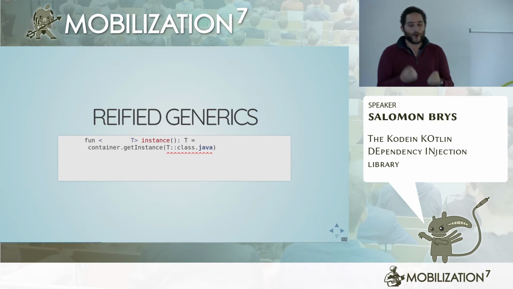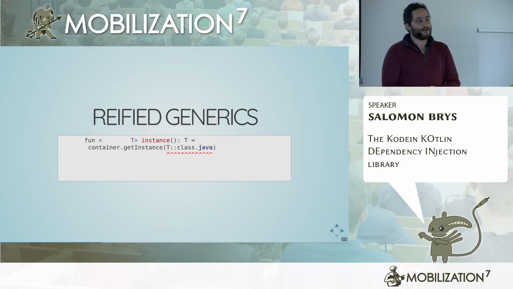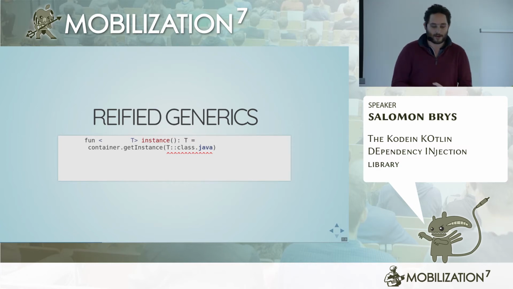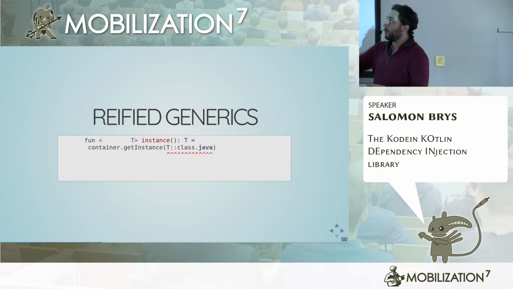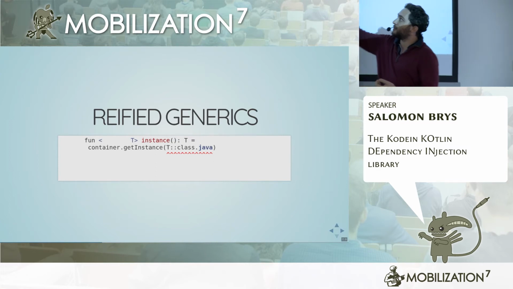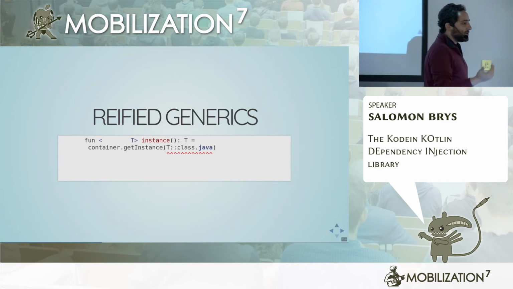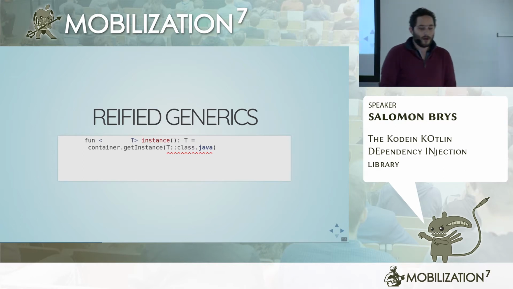For the JVM, when the code is compiled, the type is erased, and then the JVM only sees Any, which is Object in Kotlin. So when the compiled bytecode arrives to this instruction with getting the class for type T, it's impossible because the type has been erased.